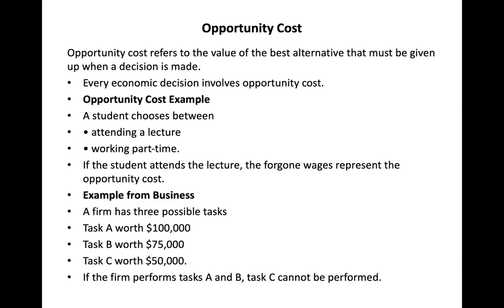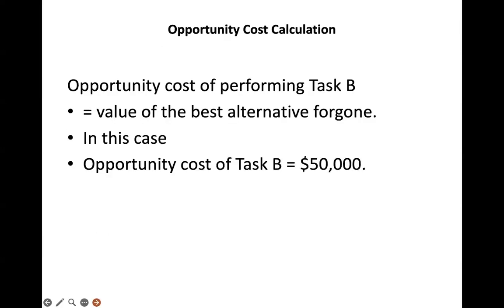He can perform B and C and forgo A. He can perform A and C and forgo B. If he performs task A and B, then the task C cannot be performed. Therefore, the opportunity cost is C, because the value there is 50,000.